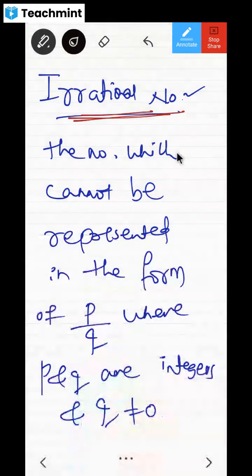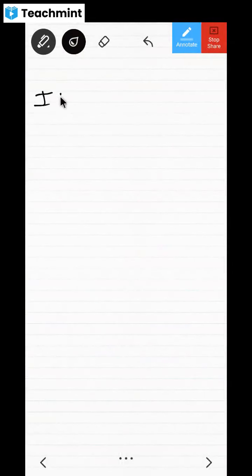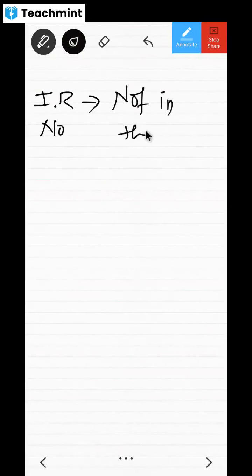Okay, fine. So moving forward, now I told you already there are two definitions. Irrational number means one definition just now we have discussed, not in the form of p by q, where p and q are integers and q is not equal to 0. That is one definition.